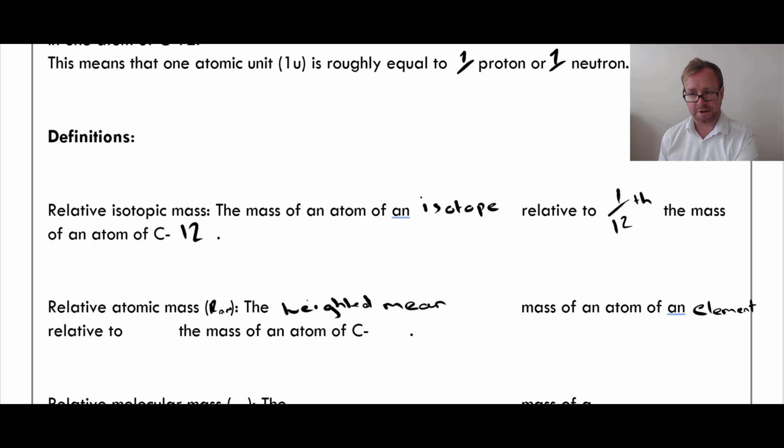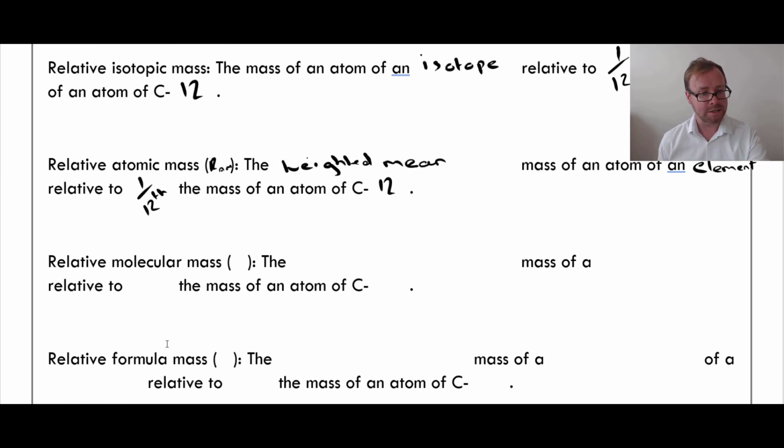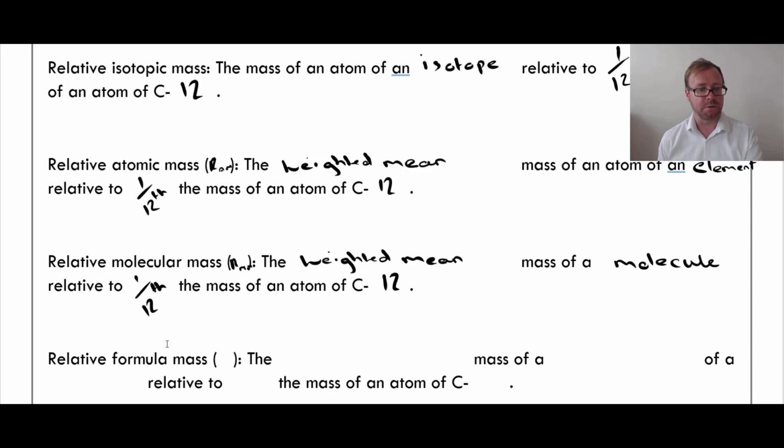Let's fill that out. I've left a gap there. Of an element relative to 1/12 the mass of carbon-12. Moving on. Relative molecular mass, which you may see as RMM, is the weighted mean mass of a molecule relative to, have a guess, 1/12 the mass of carbon-12.